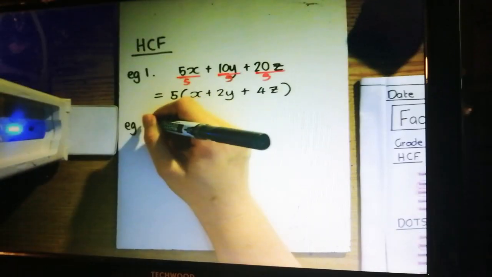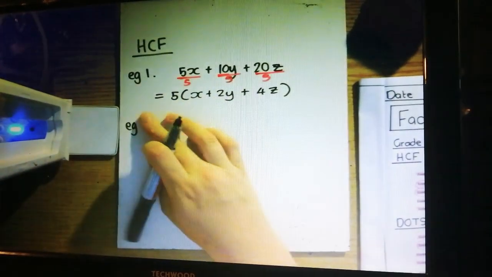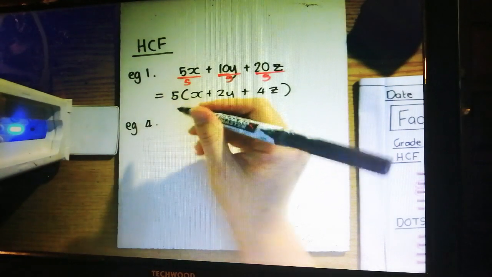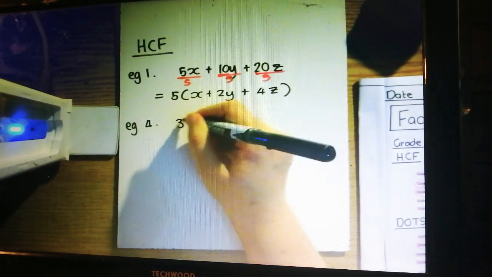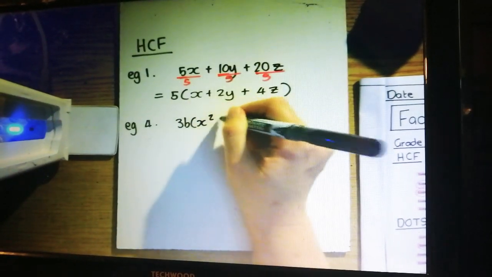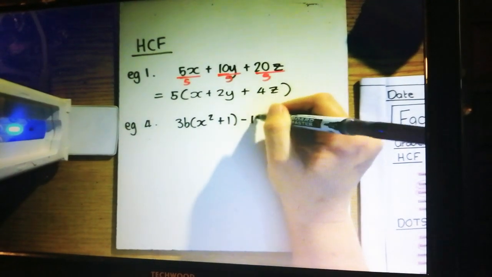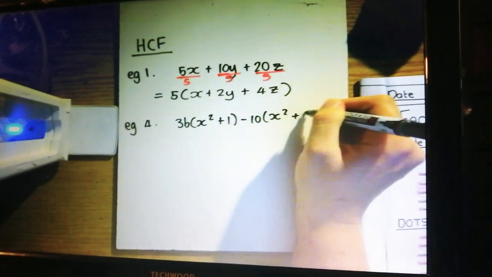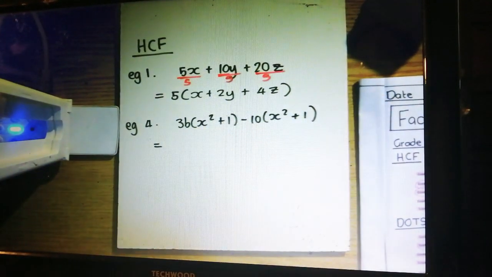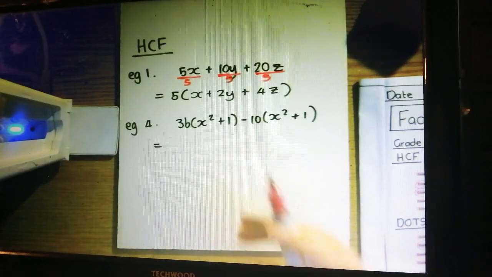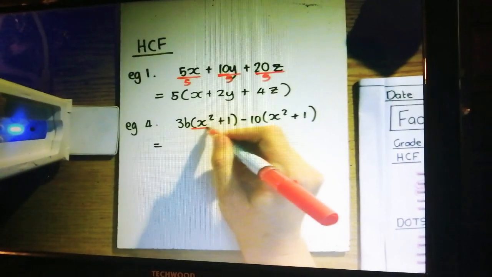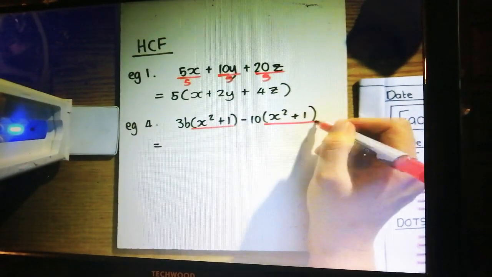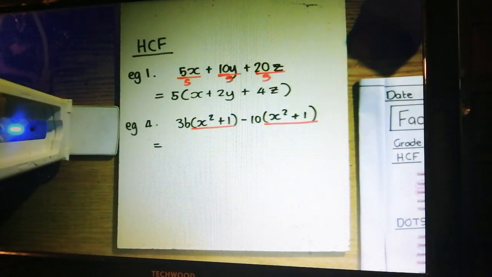Right, example 2, I'm actually doing example 4 with you. It says factorize 3b(x squared plus 1) minus 10(x squared plus 1). Okay, HCF, what do I see? Common brackets. Brackets that look exactly the same, and that's my HCF.